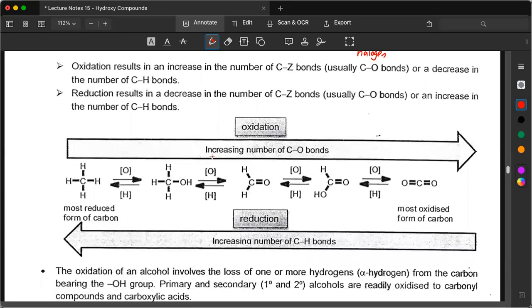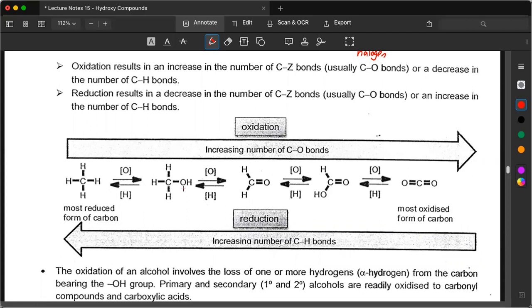So if we examine the diagram here, we can see that this molecule of methane should be the most reduced form of carbon because it has 4 C-H bonds. Upon oxidation, it will form alcohol with less hydrogen and more oxygen.